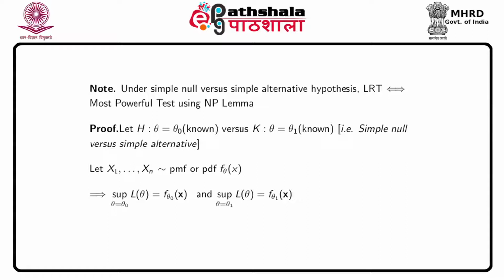Let X1, X2, ..., Xn follow PMF or PDF f_theta(x). So the supremum of L(theta) when theta equals theta_0 is nothing but the PDF of x at theta_0, and the supremum of L(theta) at theta equal to theta_1 equals the PDF of x at theta_1.